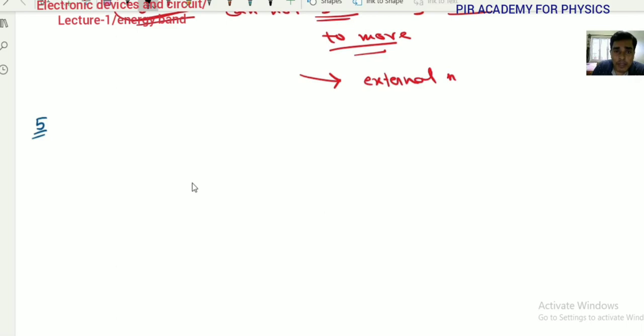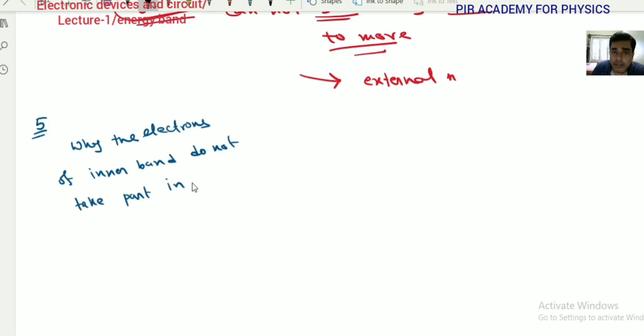Why do the electrons of the inner band not take part in the process of energy exchange, okay, energy exchange. Why this?